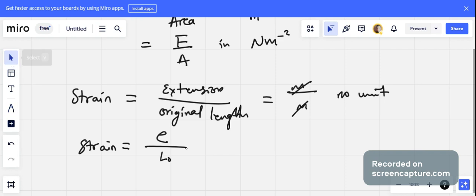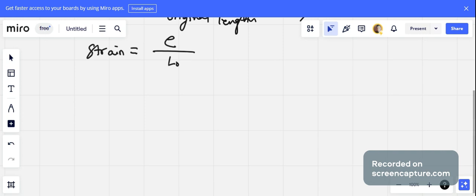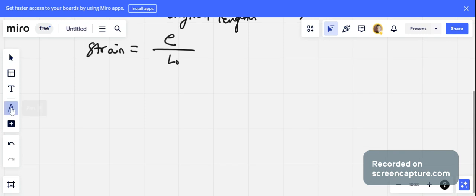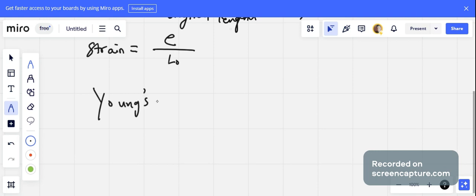So we move on to the next concept, which is Young's modulus. Young's modulus simply measures the ratio of stress to strain.